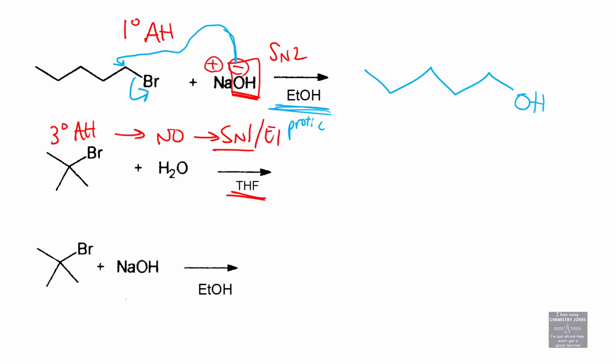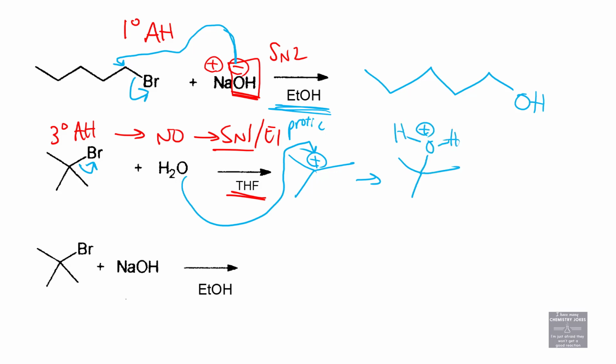So, mechanism in blue. The leaving group leaves and leaves behind a carbocation. Carbocation gets attacked by water, like so. Water cleans up, and we get this. This is the product of SN1. This carbocation, can it shift?